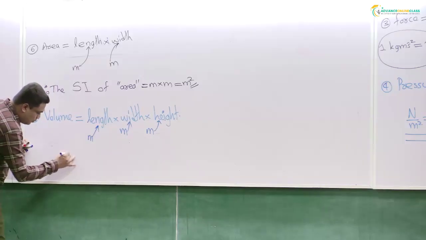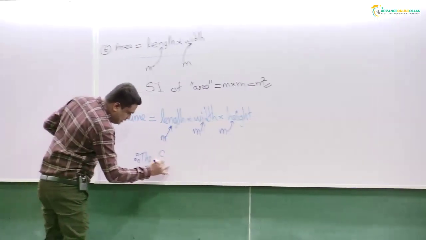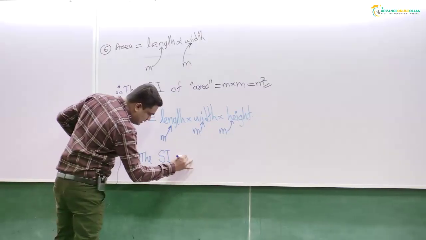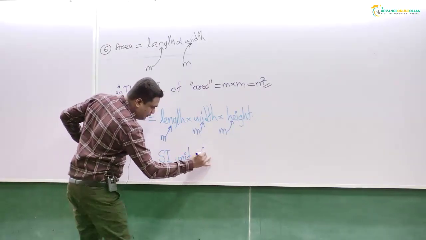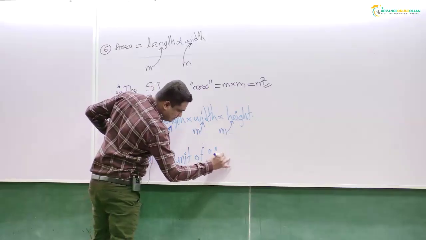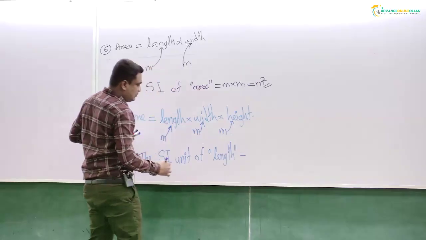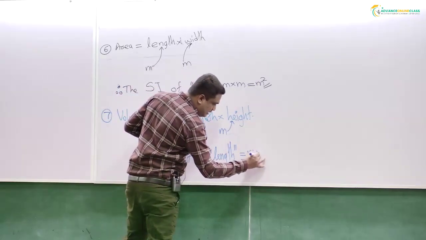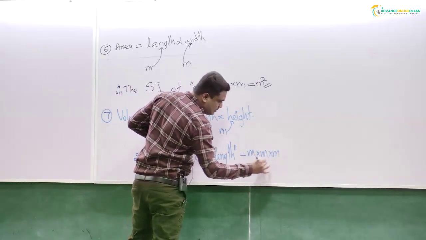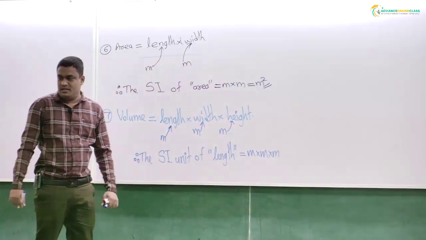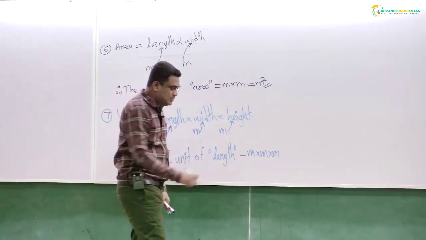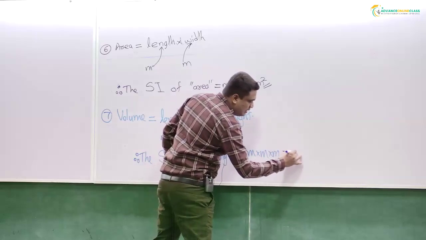So therefore, what is the SI unit of length? Meter into meter into meter means M. How many M's? 1, 2, 3. Therefore, M to power 3.